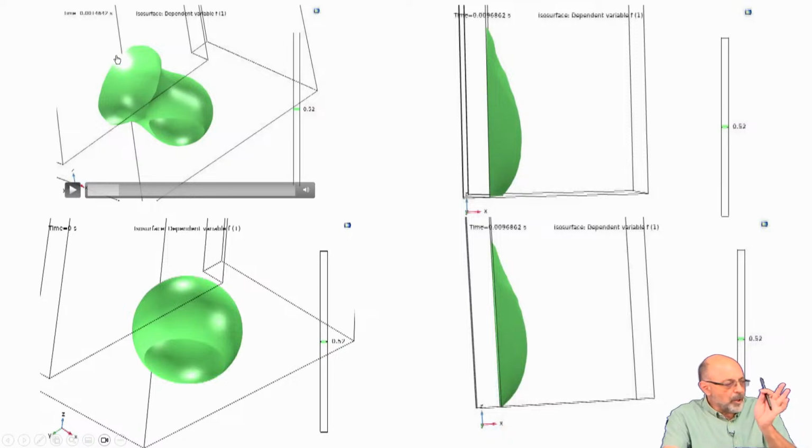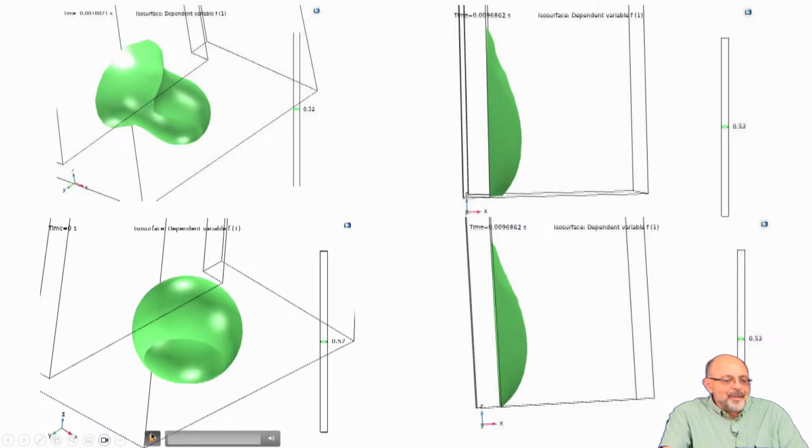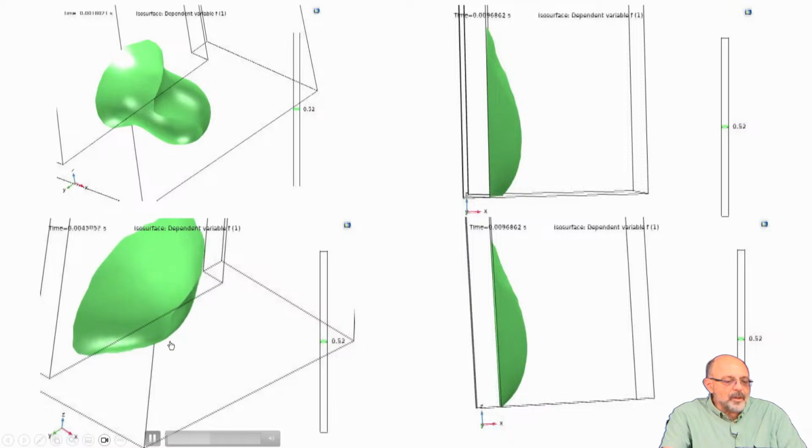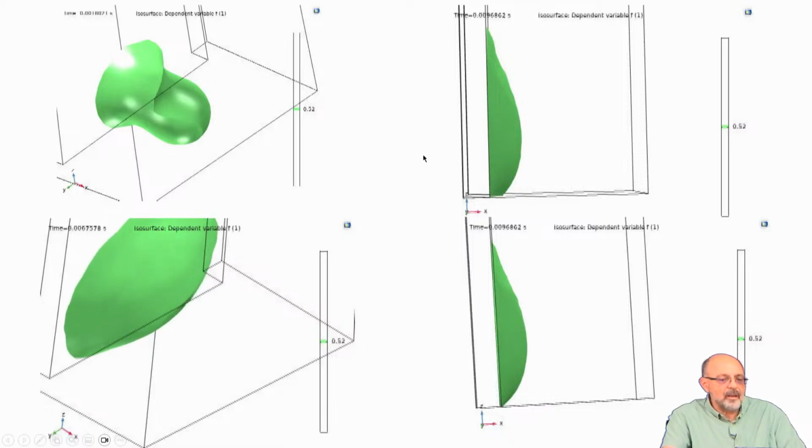This is looking from the bottom, right? You see how those two surfaces connect and become one surface. In this case, that doesn't happen. This contact just disappears, and this one then spreads outside.